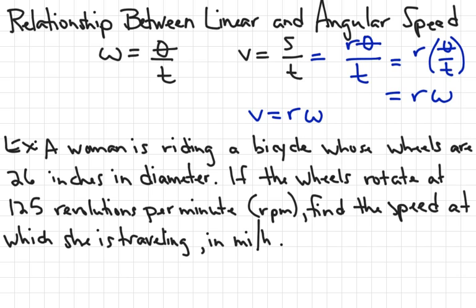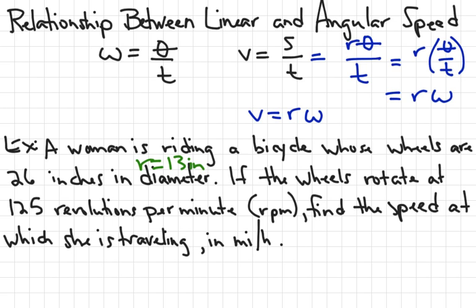Well, let's start with the easy part of the problem, which is that the velocity is the radius times the angular velocity. First of all, they told me the diameter was 26 inches, so the radius is going to be 13 inches. And the angular velocity is going to be the angle over the amount of time. Well, I know these wheels are rotating at 125 revolutions per minute.